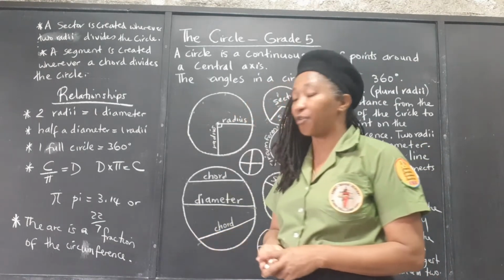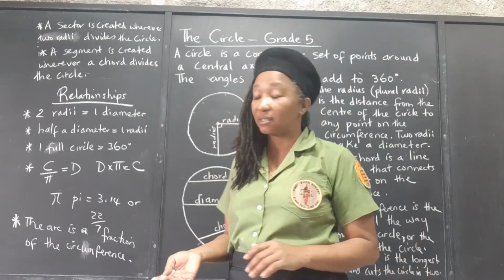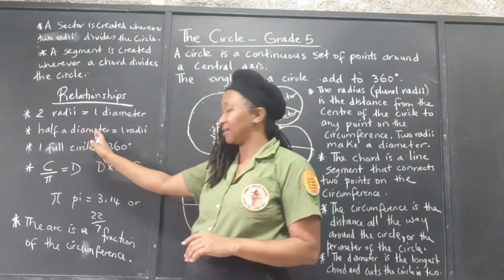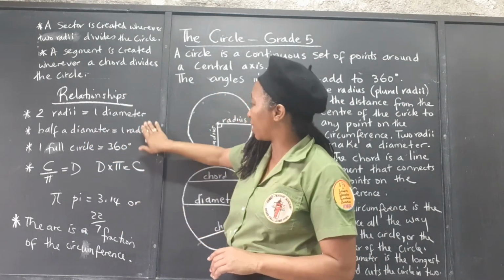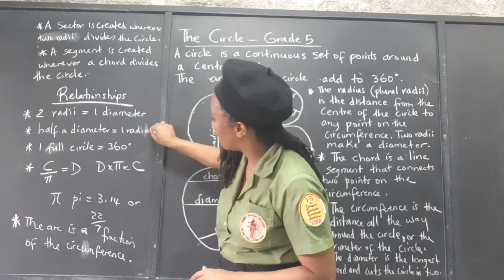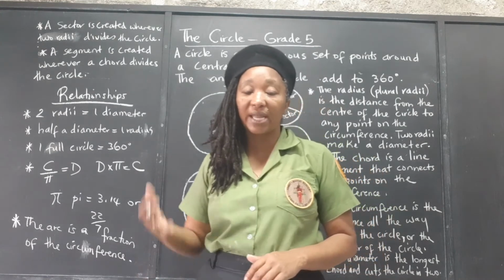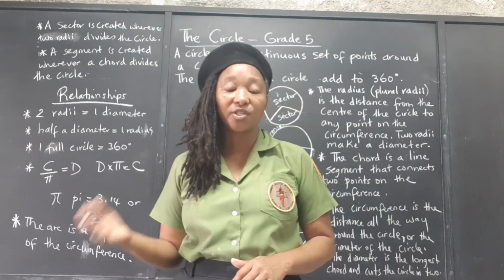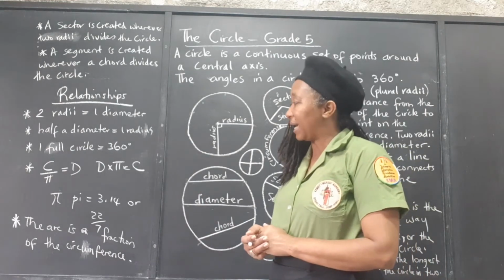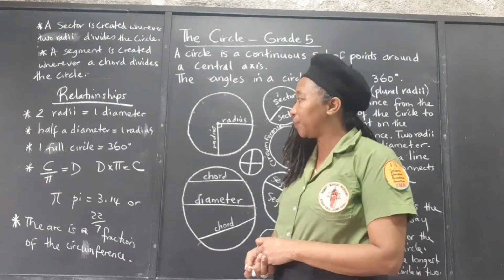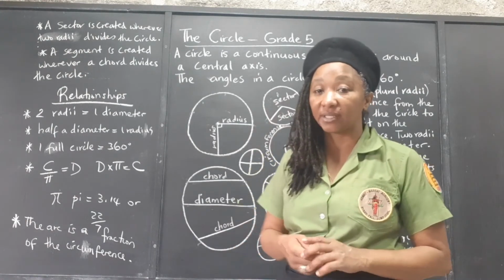Therefore, if two radii make one diameter, it stands to reason that half of a diameter is a radius. One radius. Half of a diameter is one radius. Two radii equal one diameter, so half of a diameter is a radius. So, a full circle, we said, is 360 degrees.